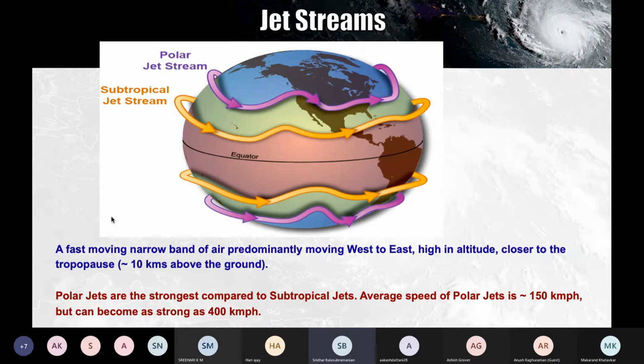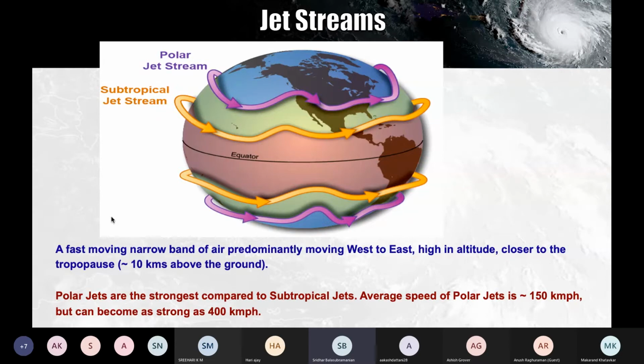So I will try to answer those things in this module. Jet streams actually help us a lot during winter weather. During winter time, the position of the jet stream helps us in understanding whether the winter conditions are going to be harsher than normal, or above normal, like temperatures during the winter time.